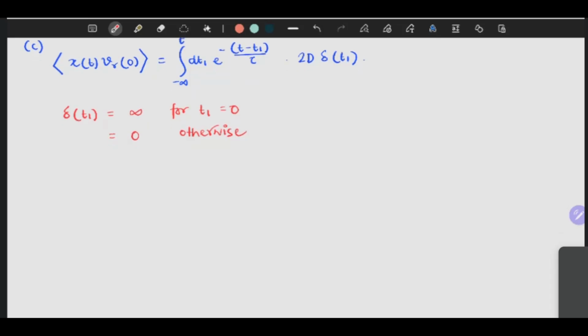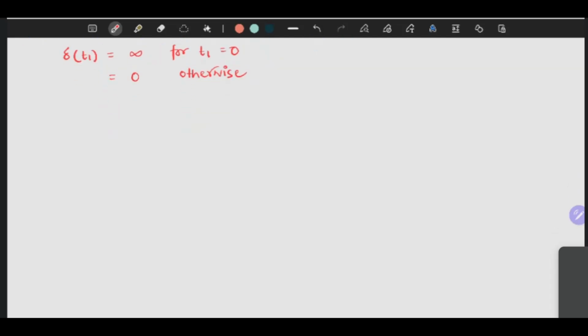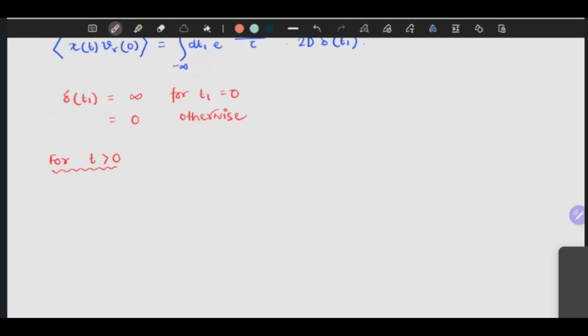Okay. So now basically when you are talking about these three regimes, for t greater than 0, this expression becomes t1 equal to 0.